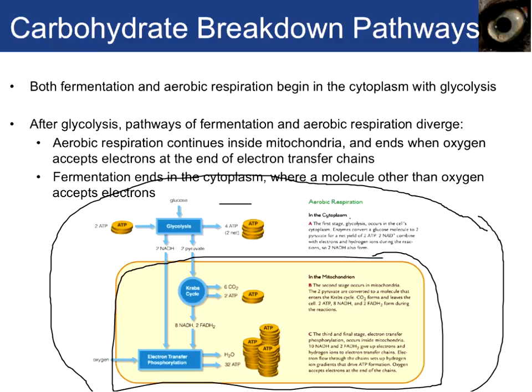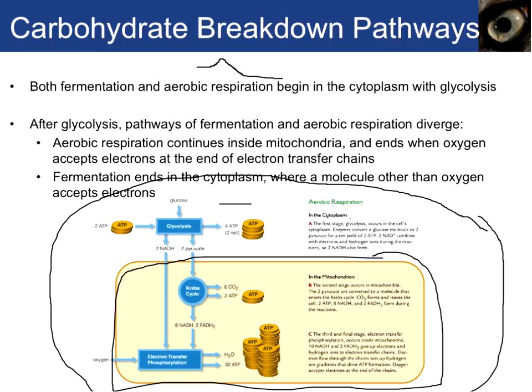So A in the figure is the first stage, glycolysis, and this occurs in the cell cytoplasm again. Enzymes convert a glucose molecule to 2 pyruvate for a net yield of 2 ATP. You can see that here. Remember, we learned in chapter 2 that a chemical reaction needs a little bit of an input of energy to get over the activation energy to then proceed.